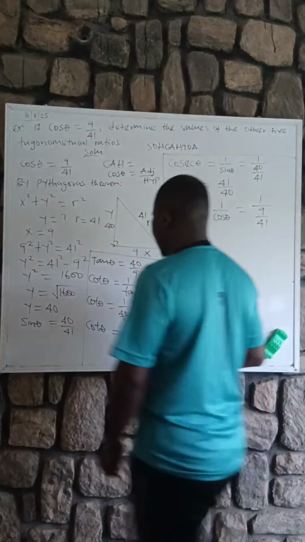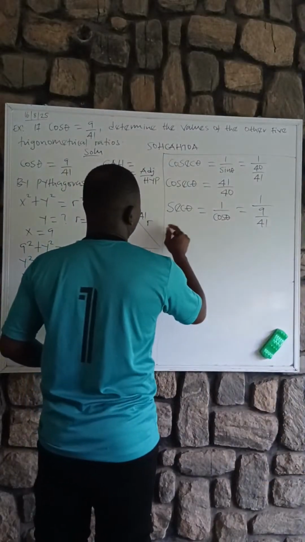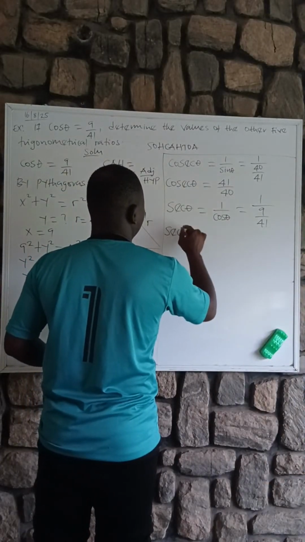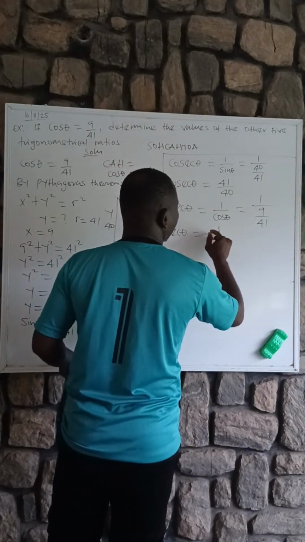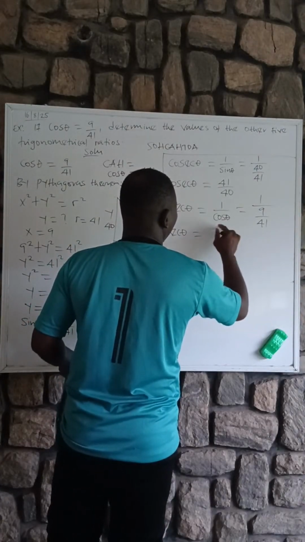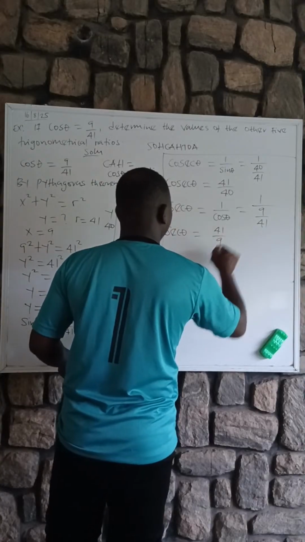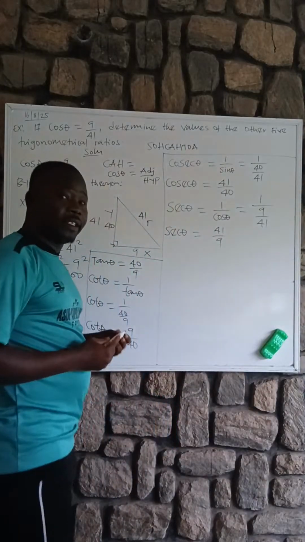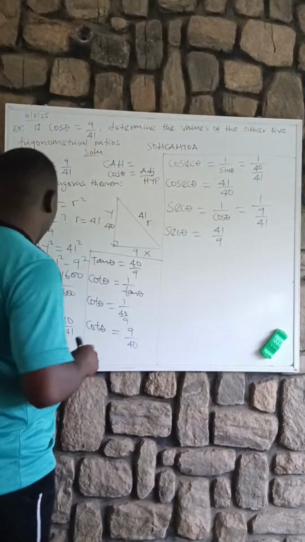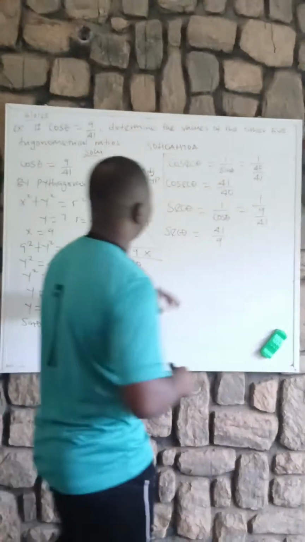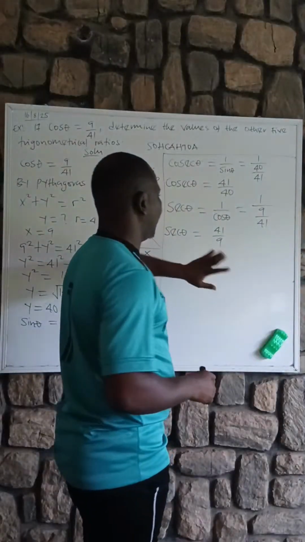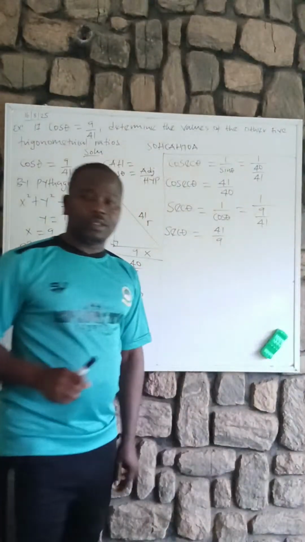So here our sec theta is equal to 41 all over 9. So I think we are okay. 1, 2, 3, 4, and 5. This is what they asked us to find.